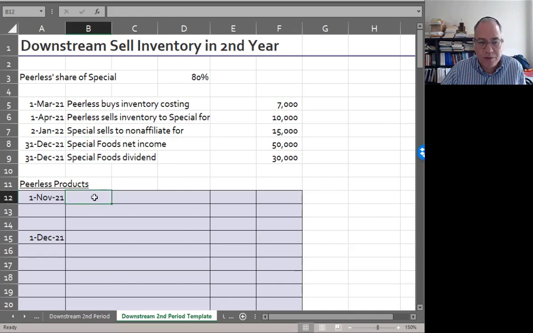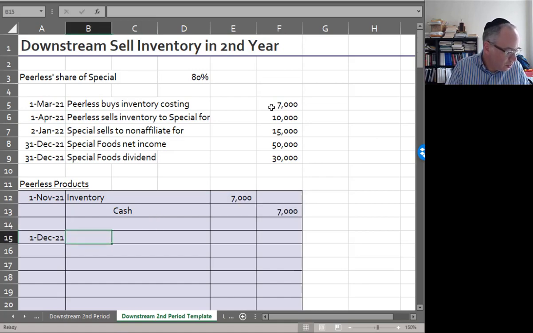So the first thing that happened was Peerless bought the goods. So Peerless will debit inventory for the amount that it paid, $7,000, and credit cash for $7,000.